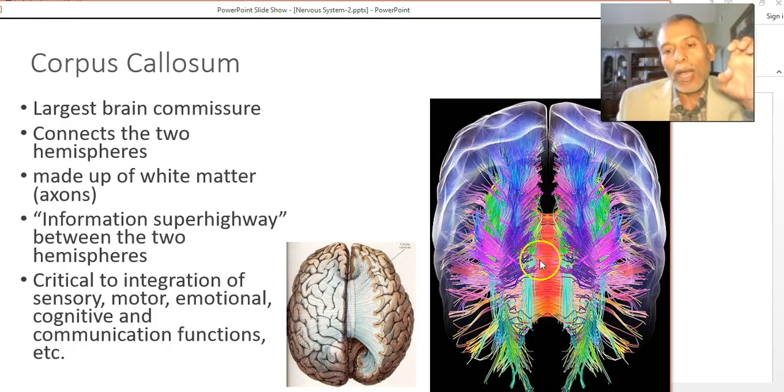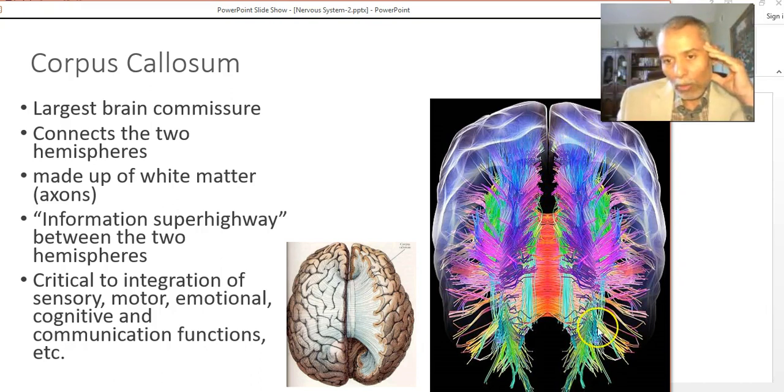These are all axons that are condensed into major cables, so that the right hemisphere shares information with the left, and the left shares information with the right. And so the corpus callosum is the largest pathway that connects the 2 different parts of the brain. Commissure means pathway, big pathway. It is made out of white matter axons.